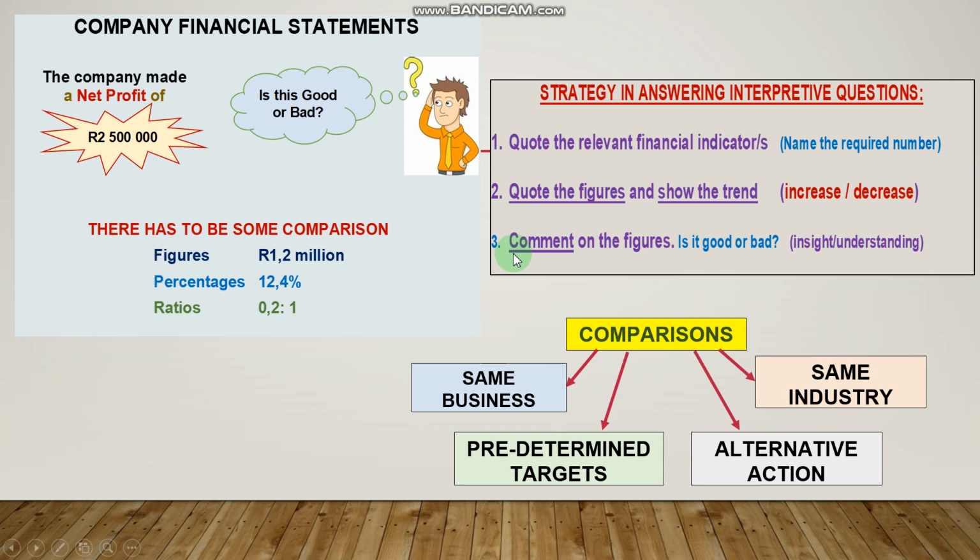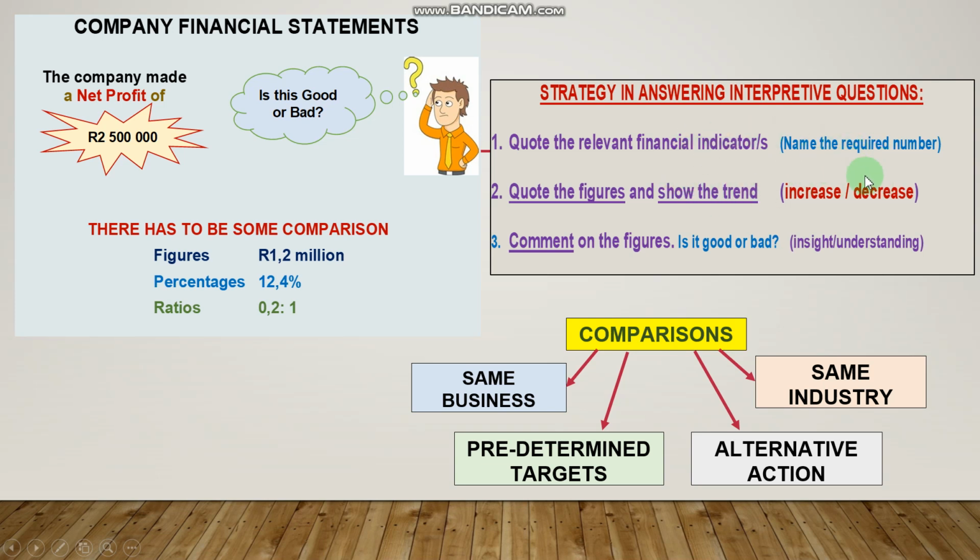And the third part, which is the most critical part, you need to comment on those figures. The comment: you showed me the trend, you first gave me the financial indicator, the name. So now I know that you understand this question, you know what to use to answer this question. And then you gave me the figures, you showed me whether it increased or decreased from one year to the next. You said that the debt equity ratio increased from 0.2:1 to 0.7:1.